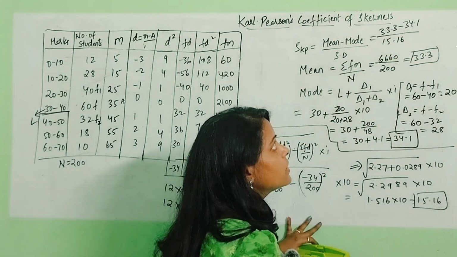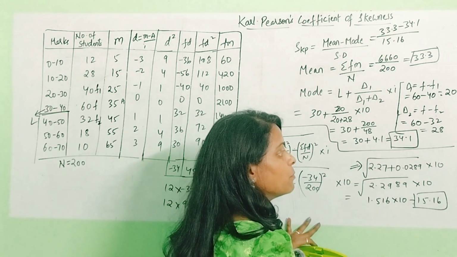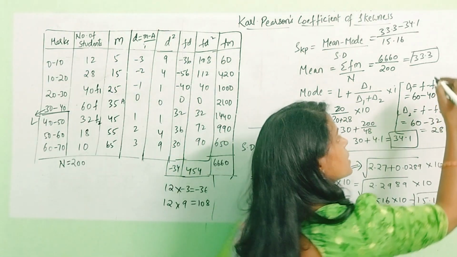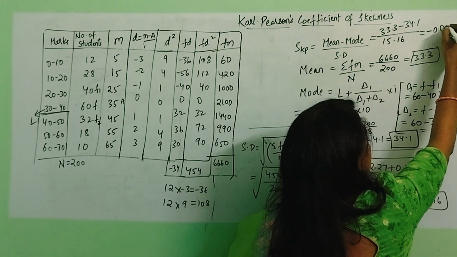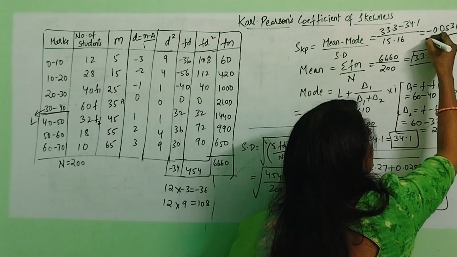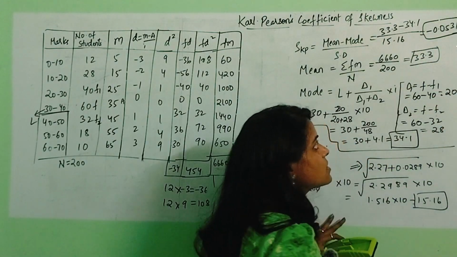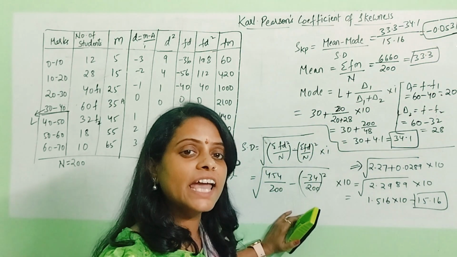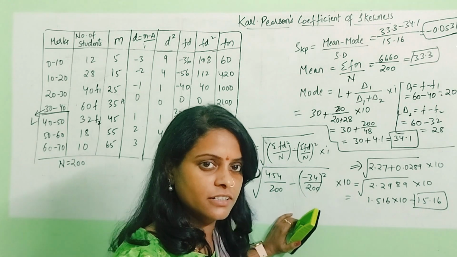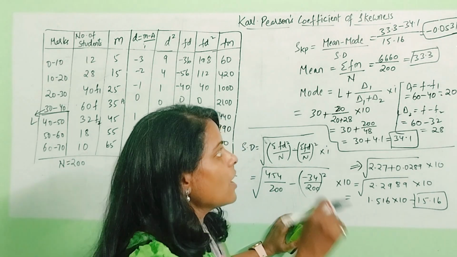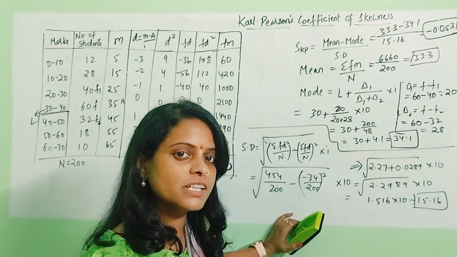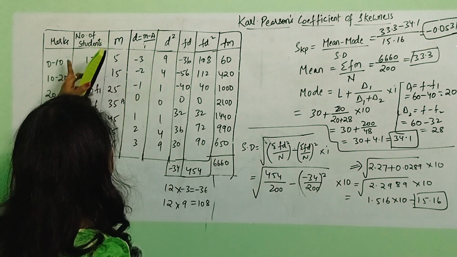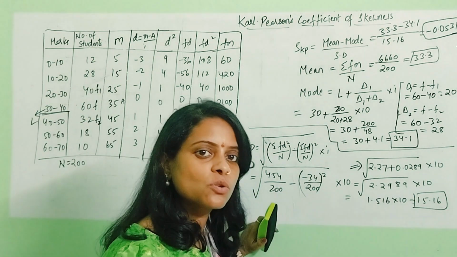So 33.3 minus 34.1 by 15.16 is minus 0.0531. So what it means is that it is negatively correlated. Okay, so you have to write it last that it is negatively correlated. What is negatively correlated? That is the marks and the number of students.